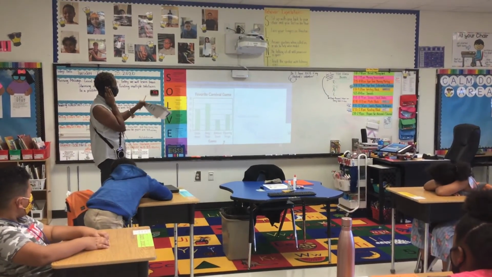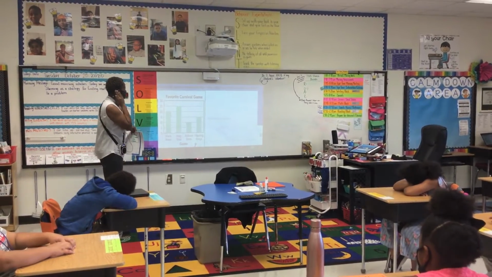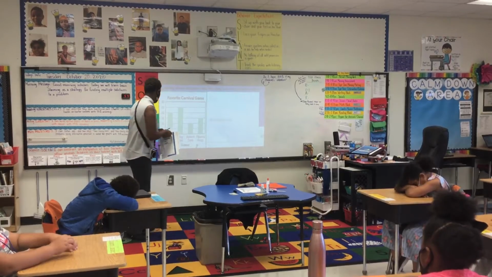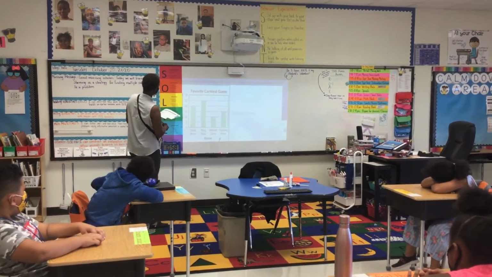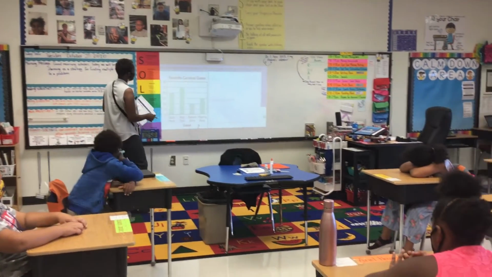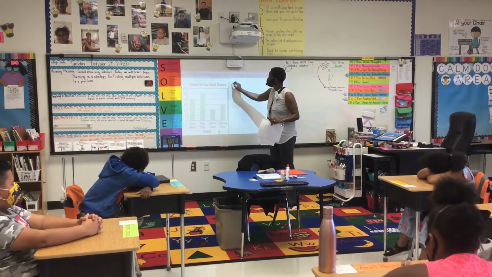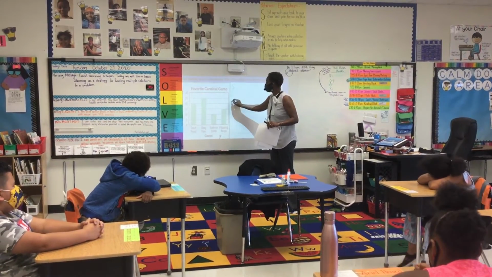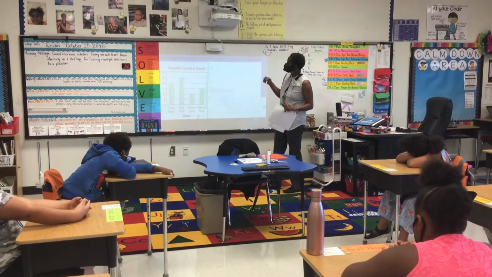So now that I've read the question and I've studied the problem, I'm going to ask myself, what is it I need to solve for? Well, I am going to start with my scratch paper here by making a note to myself. Then I can just write solve down the side so I can make sure I'm going through my steps.